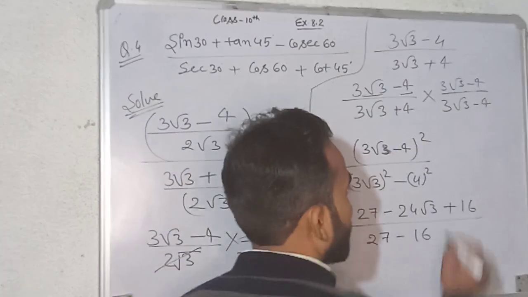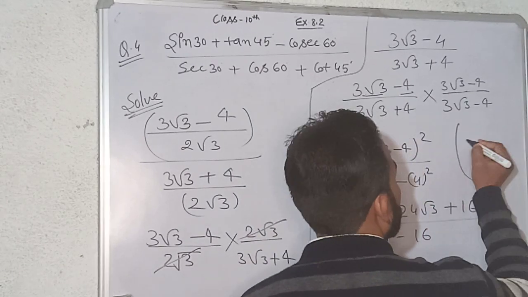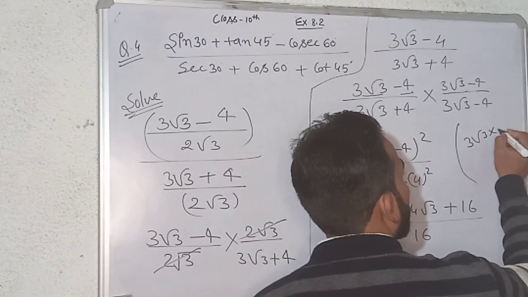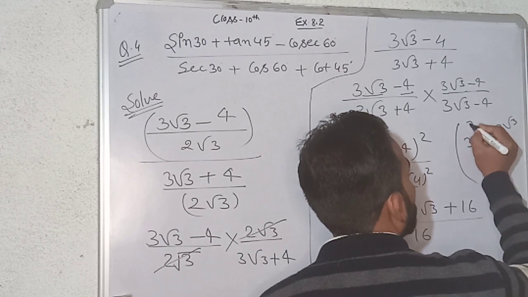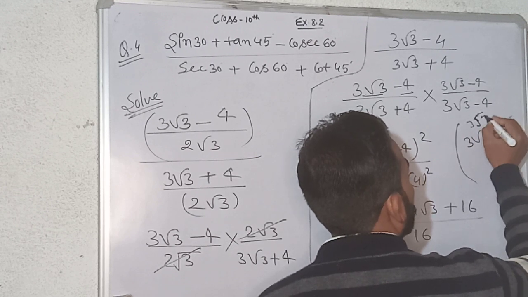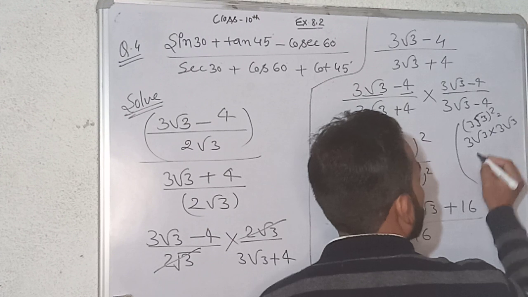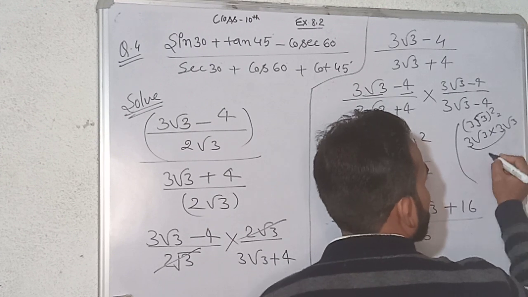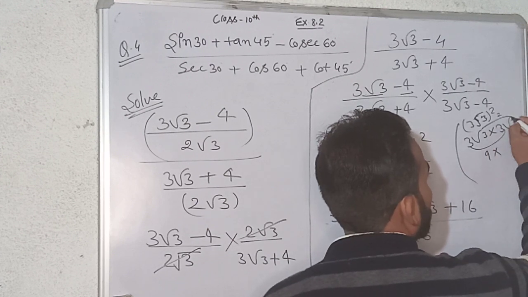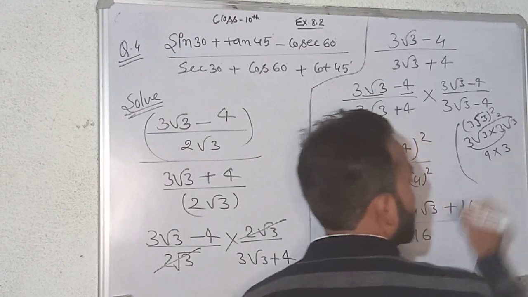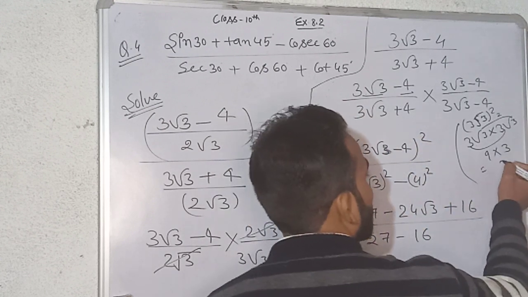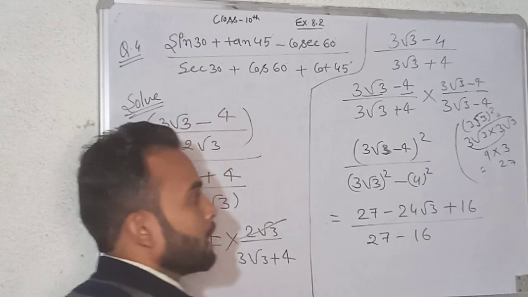How do we get 3 root 3 whole square? 3 root 3 multiplied by 3 root 3: 3 3s are 9, multiplied by root 3 times root 3, which becomes 3, so we get 9 3s are 27. Clear?